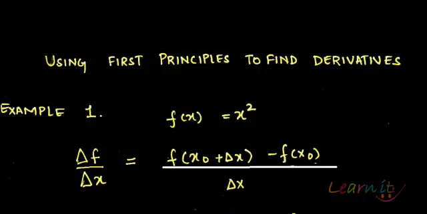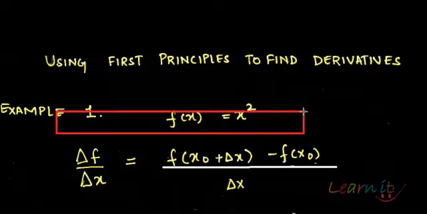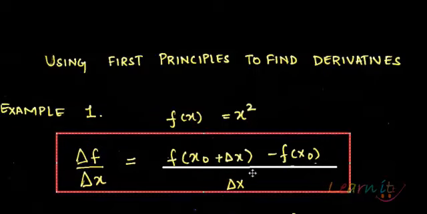Now, I need to first focus on what would be the difference quotient for this function. The difference quotient essentially is the difference between the functional values, so f(x naught plus change in x) minus f(x naught).